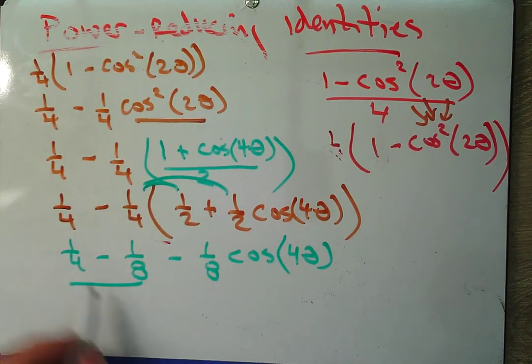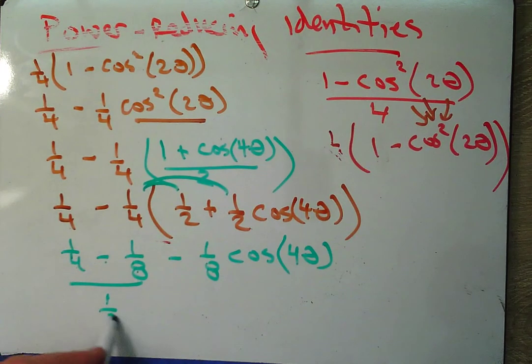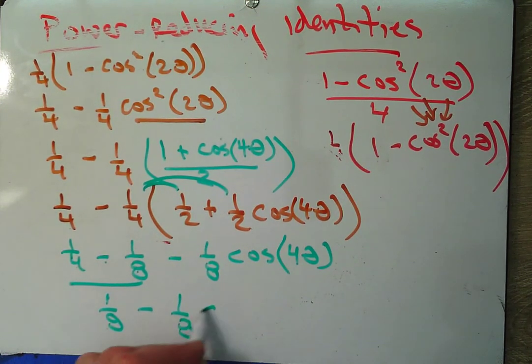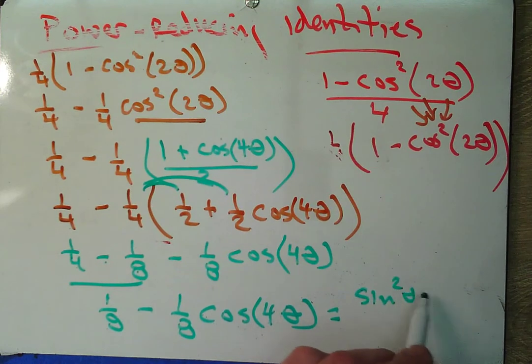I can combine like terms here. 2/8 minus 1/8 is 1/8 minus 1/8 cosine 4 theta. This is what sine squared theta times cosine squared theta simplifies to.